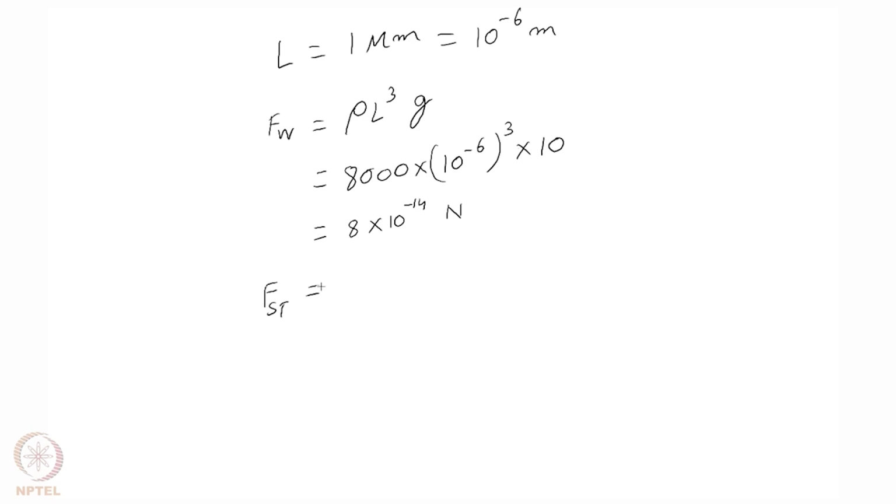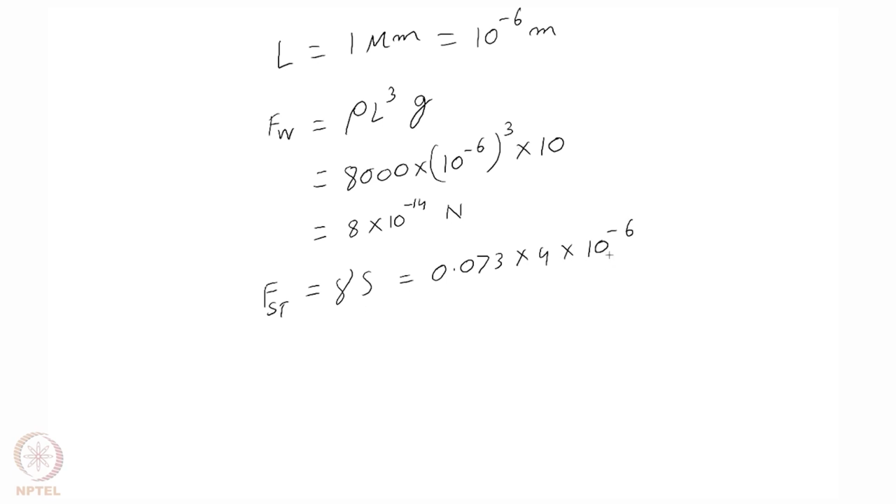Fst is equal to gamma into S, and that gamma is 0.073, into 4 into 10 to the power minus 6, because now it is 1 micrometer.